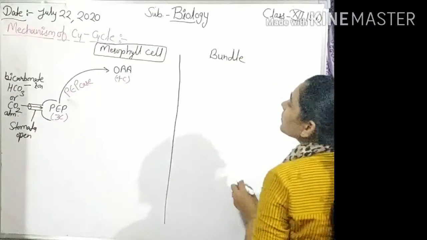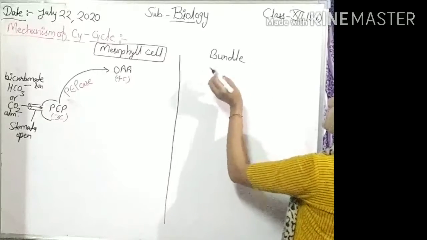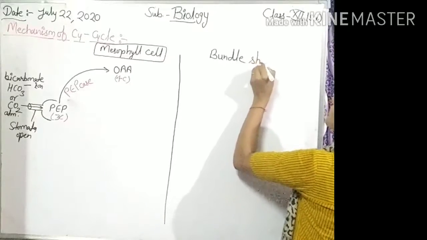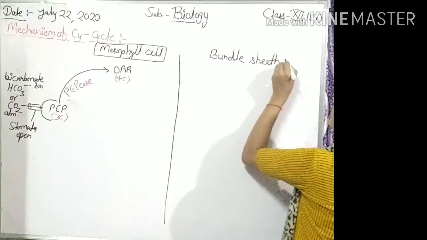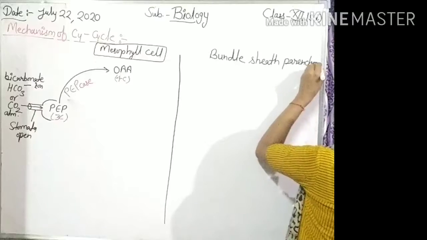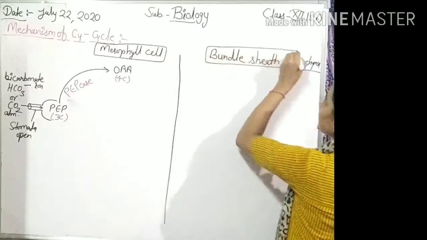So two types of cells are present in the leaf: bundle sheath parenchyma and mesophyll cells.